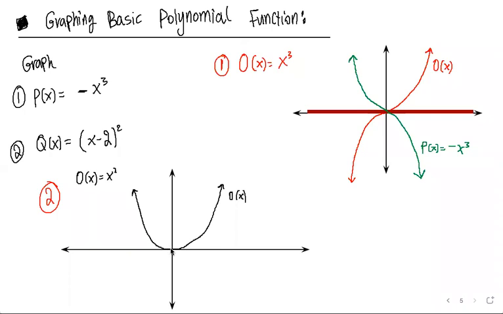So here (0, 0) will become (2, 0) and everything shifts to the right. So the graph will be something like this. So this is the graph of q of x. This point is (2, 0).